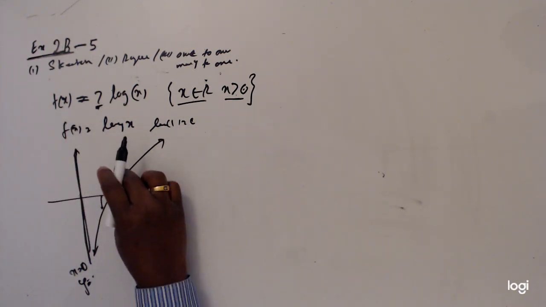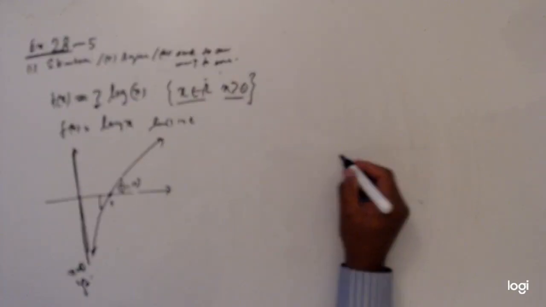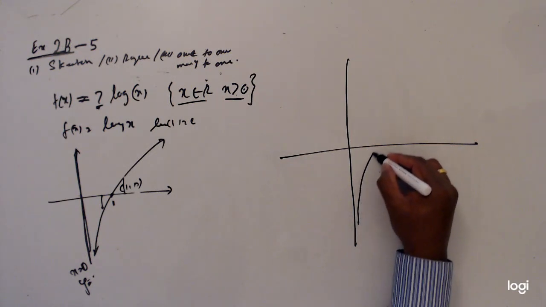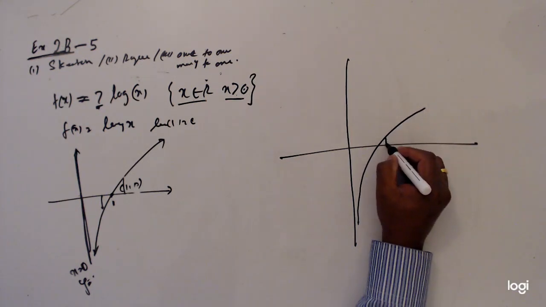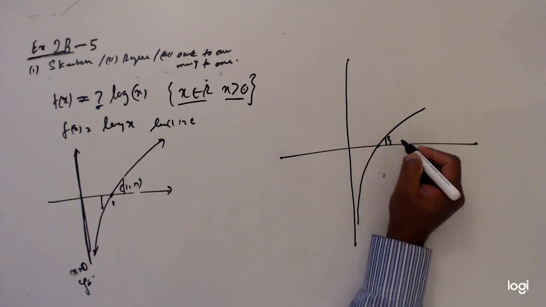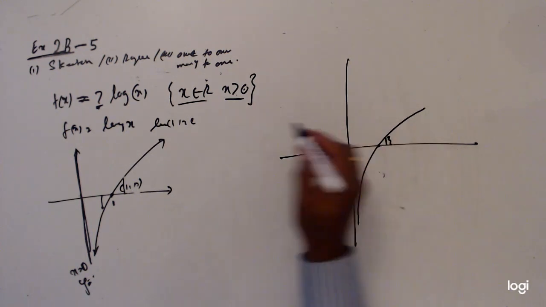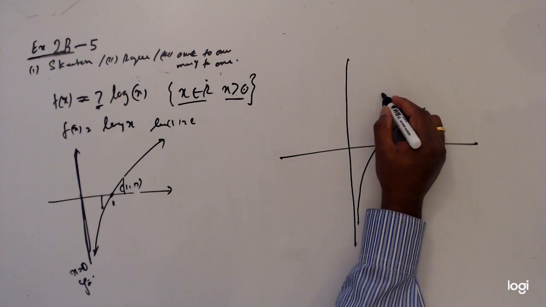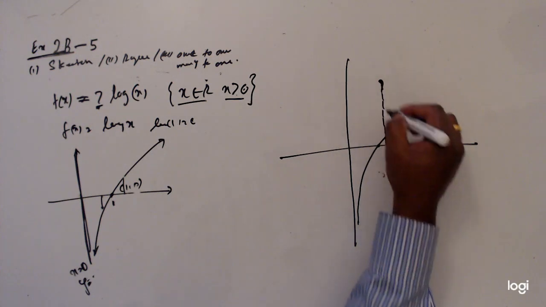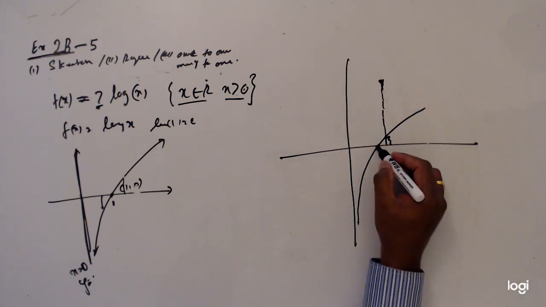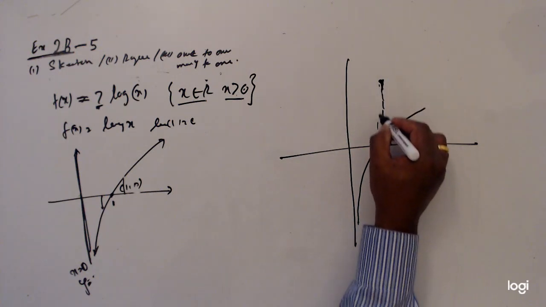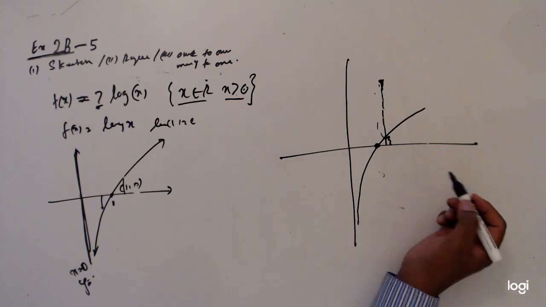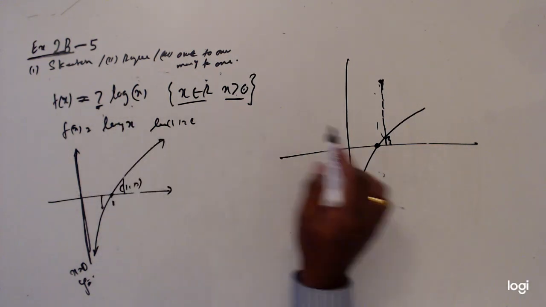So 1, 2, 3, 4. If this is 1, then for 7 times: 1, 2, 3, 4, 5, 6, 7. This dot is going to be here. So likewise, all the dots are going to be expanded by 7, but it still goes through 0, because 7 times 0 is 0.